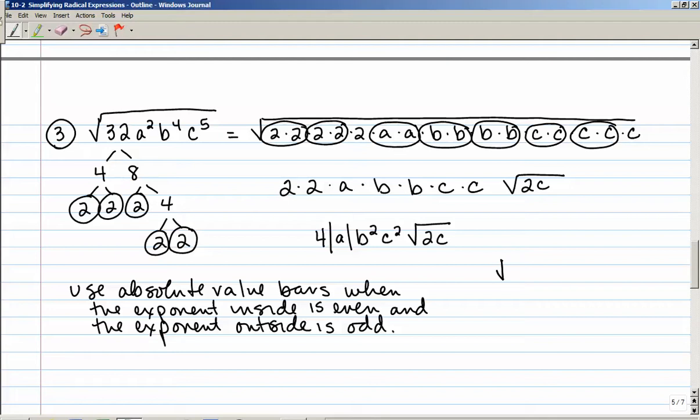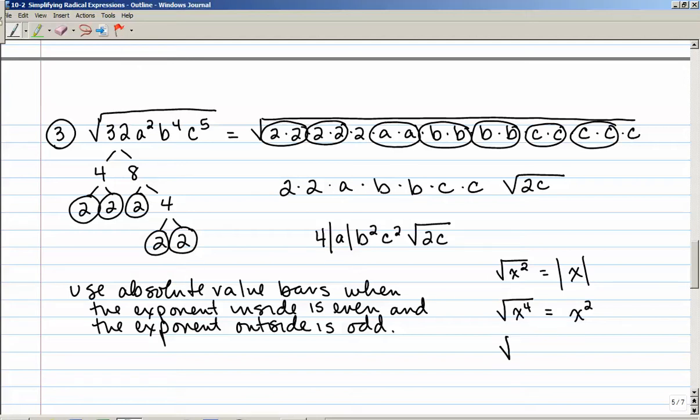If you're doing the square root of x squared, that's even inside, but when you pull it out, it's odd, so you have to put bars around it. The square root of x to the 4th, so that's 4 x's, they would buddy up and become x squared, but because it's even inside and even outside, no absolute value bars.